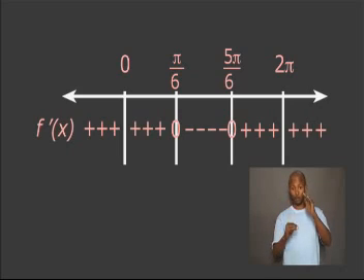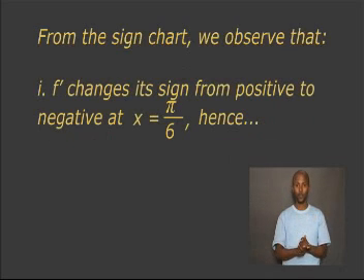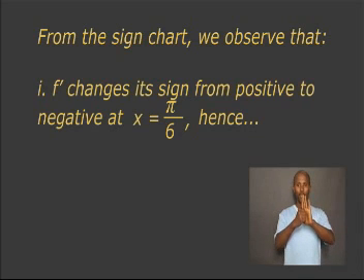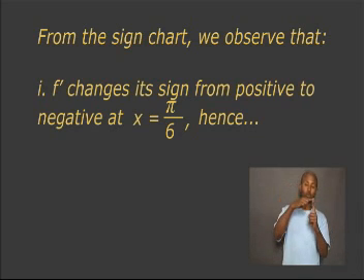Do you see the answer? From the sign chart, we can observe that f prime changes its sign from positive to negative at x equals pi over 6.